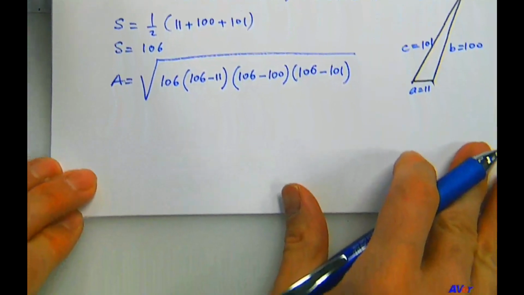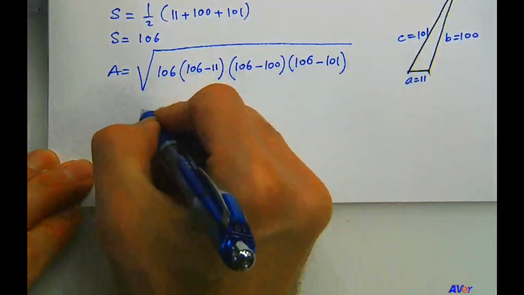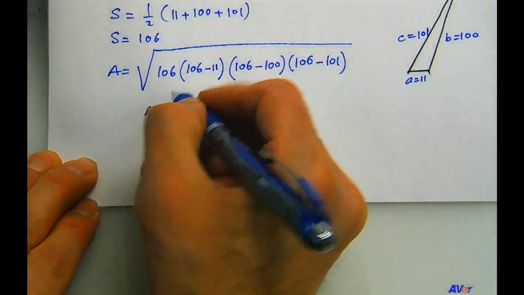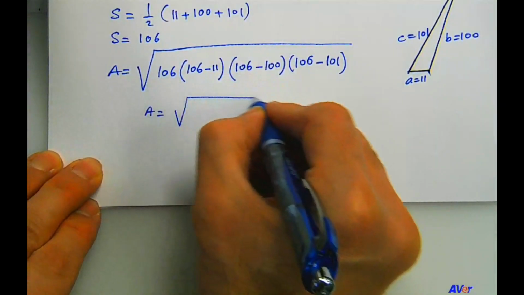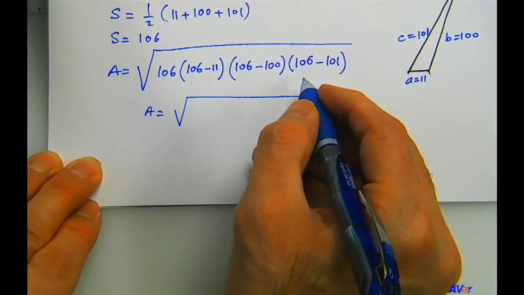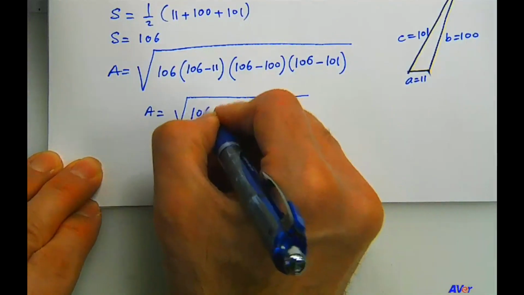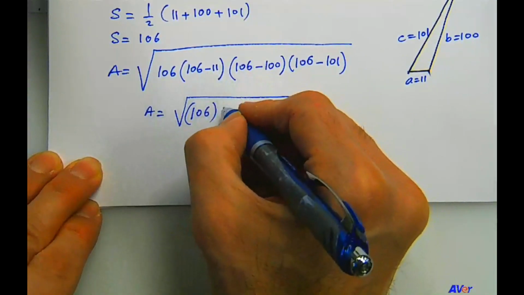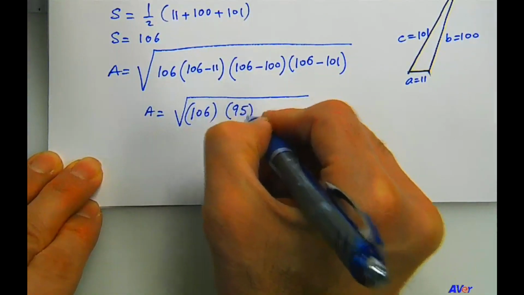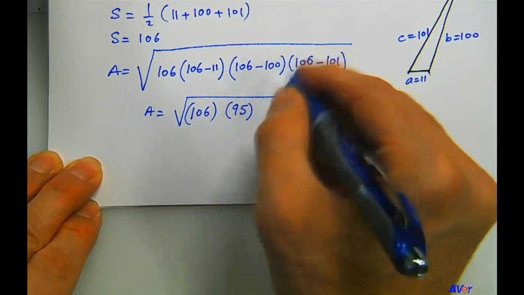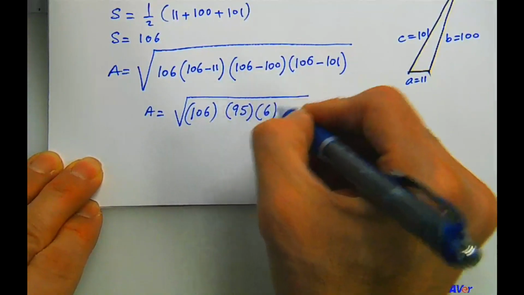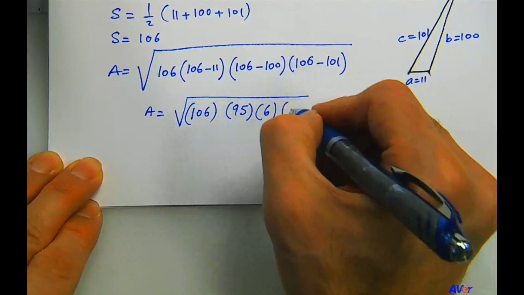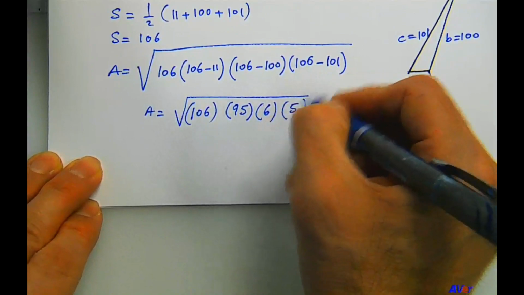Okay, everything being multiplied, so we have A equaling 106 times, 106 minus 11, that would be 95. 106 minus 100, that is 6. 106 minus 101, that'll be 5.